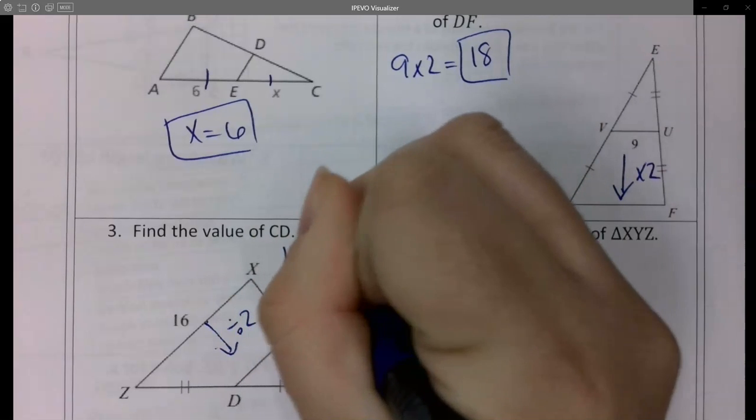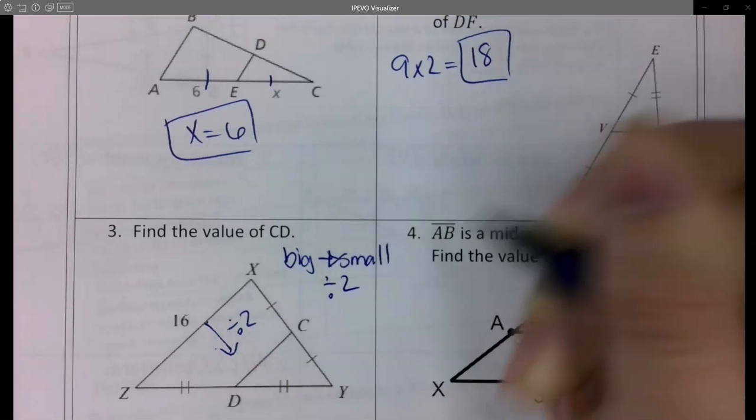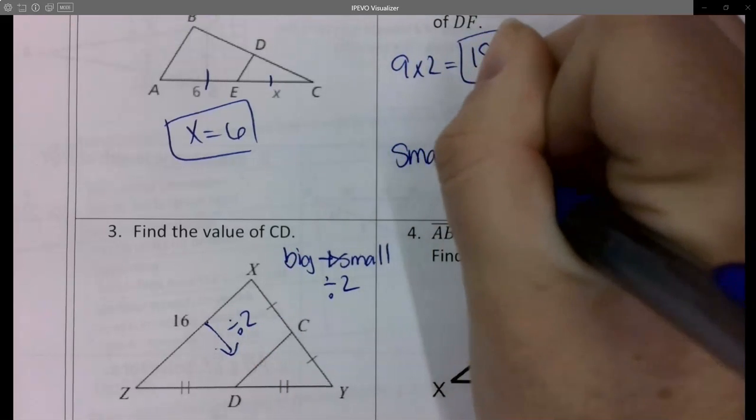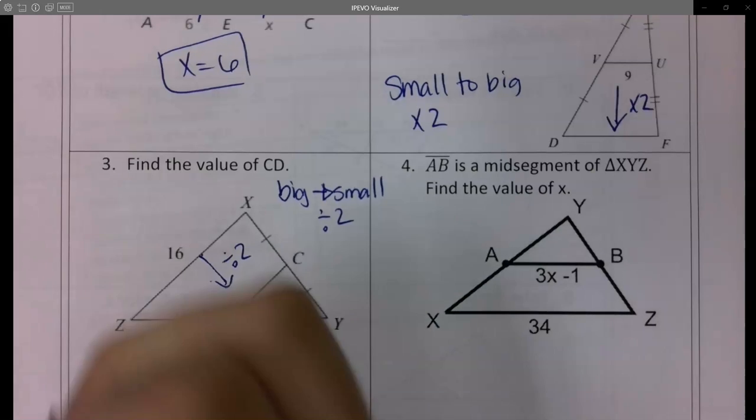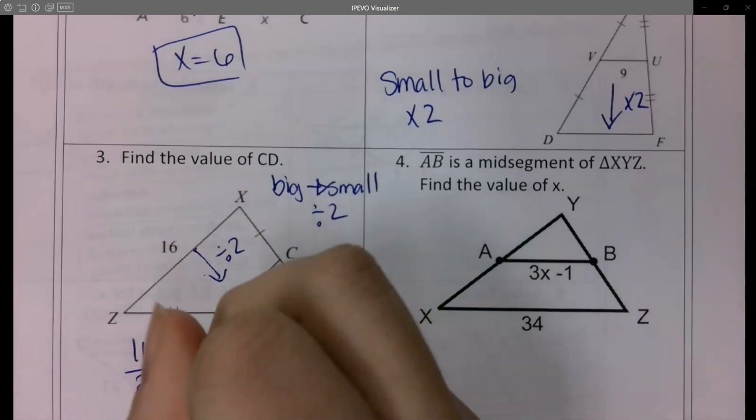So if I'm going big to small, I just want to take 16 and divide by 2, which gives me 8.